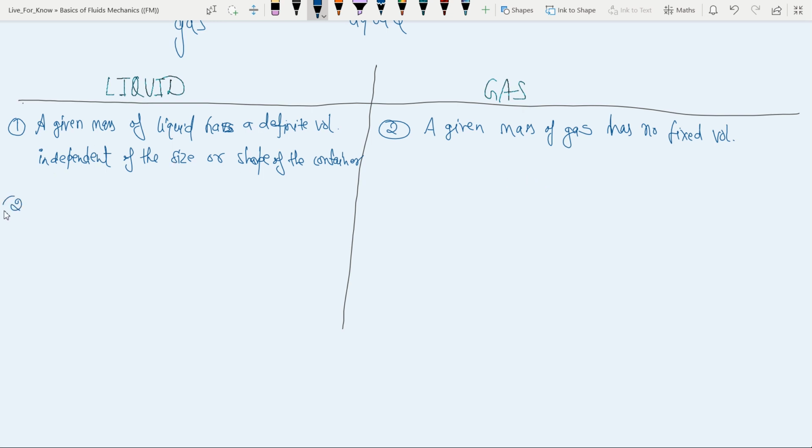Second point, a liquid has a free surface.